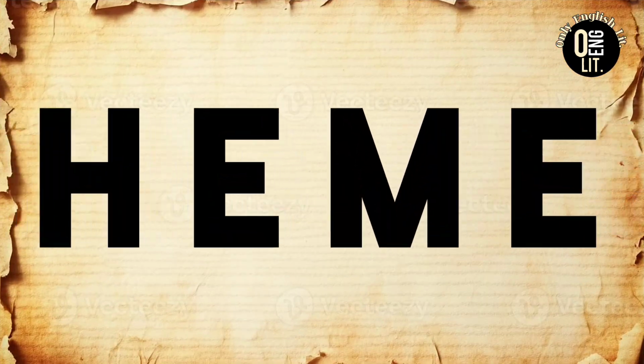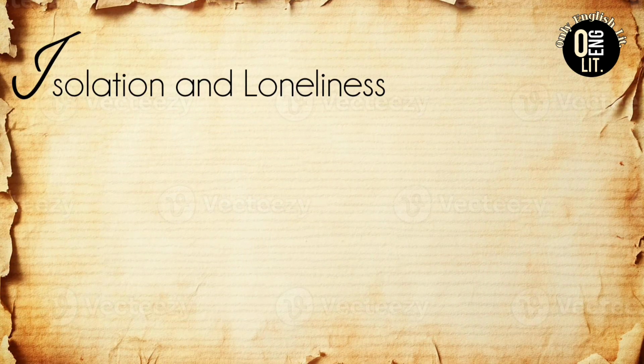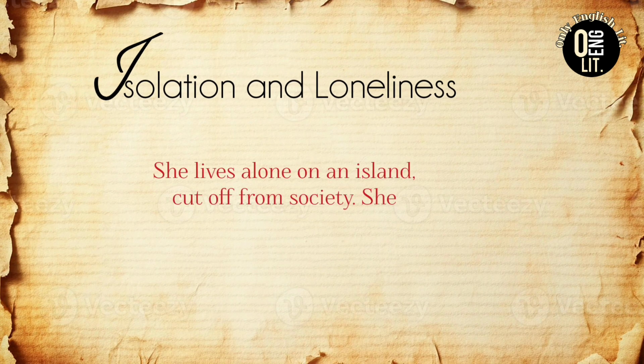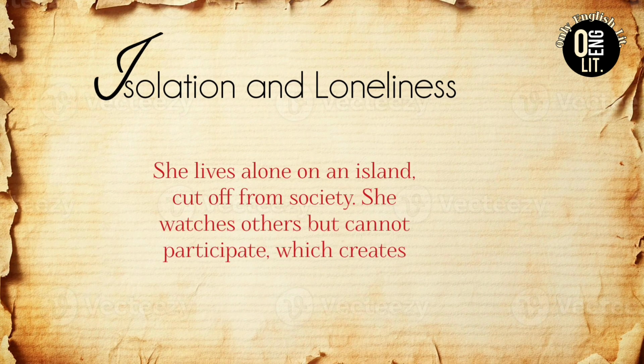Let's understand the themes: isolation and loneliness. The lady is confined to an island, cut off from society, with no human interaction or emotional connection. She watches people passing by, villagers, knights, and lovers, but remains separated from them.